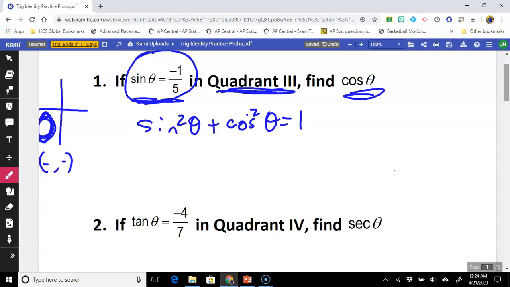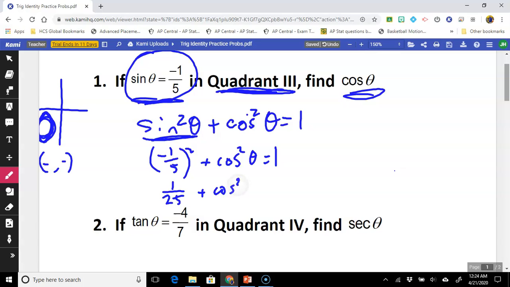So we're going to take sine squared, which would be negative 1/5 squared, plus cosine squared, and that's equal to 1. Well, 1/5 squared is 1 over 25, plus cosine squared is equal to, I'm going to take 1 and convert it to 25 over 25.